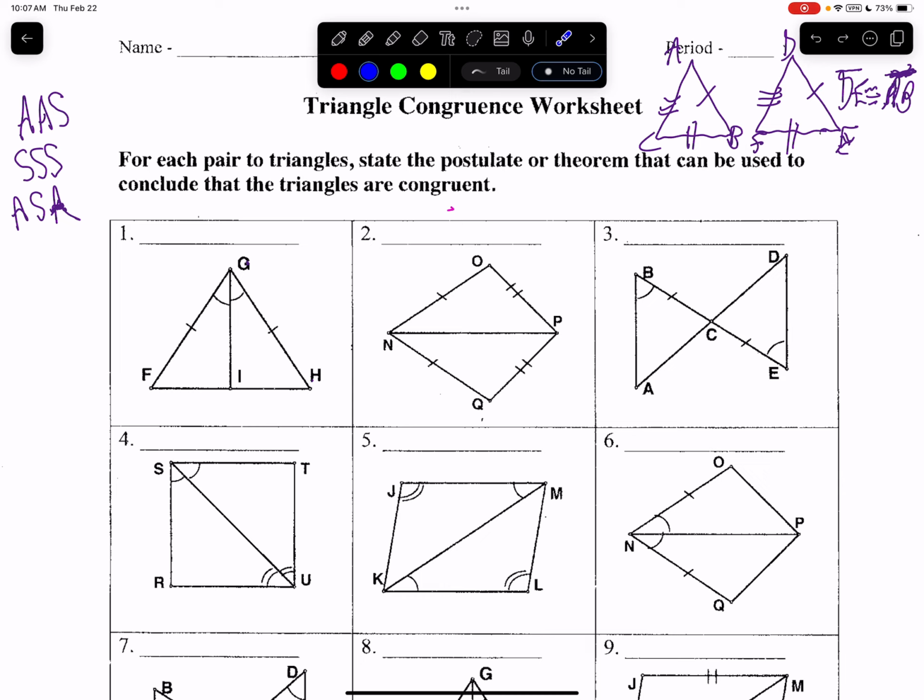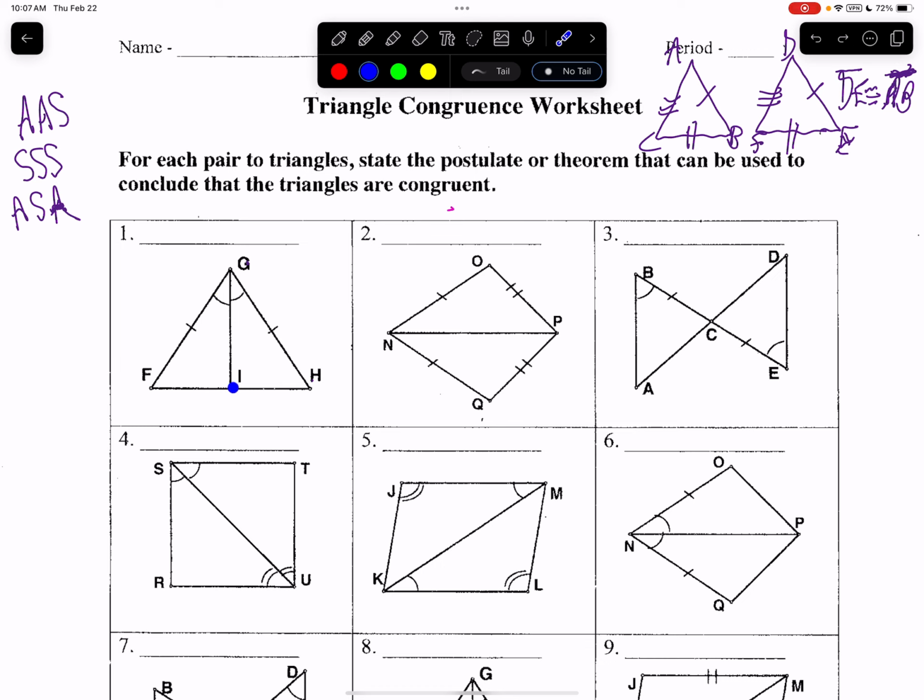So, yeah, let's have a look at it. The first one shows you that side FG is the same as side GH, right? And so you can say that you have that piece of information. This side and this side, and you can see the angle here.